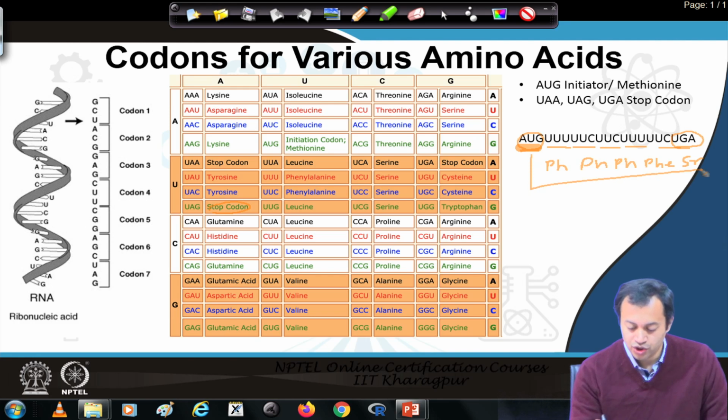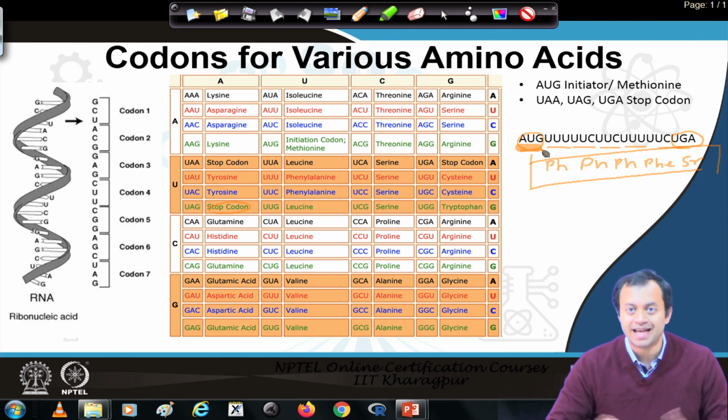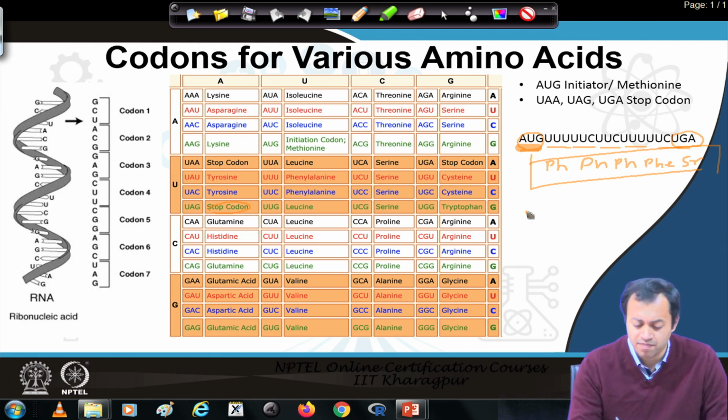So, this gene containing this kind of base pairs is going to give me this protein. That is the overall information. Do me a favor, when you are at home, try to see all of these base pairs. If you are looking into DNA, just replace U with T, otherwise this chart remains exactly as it is.